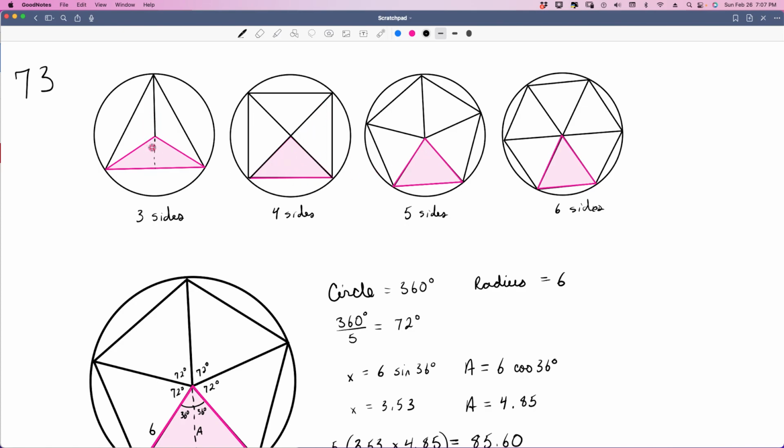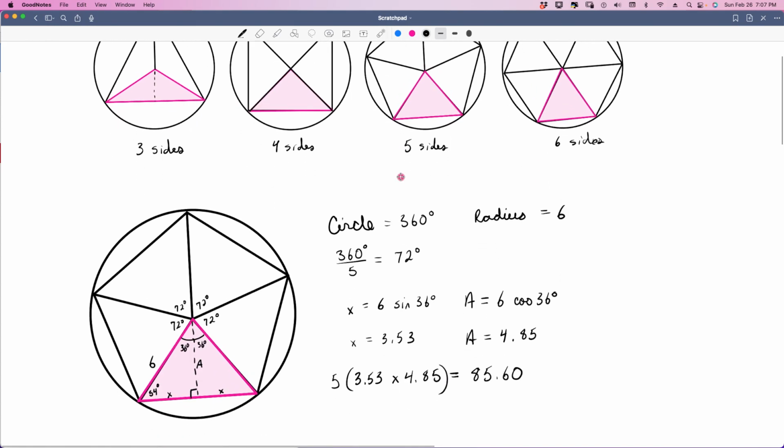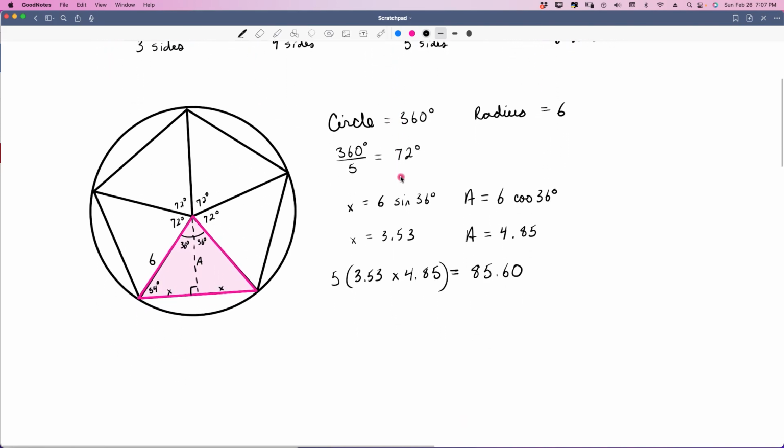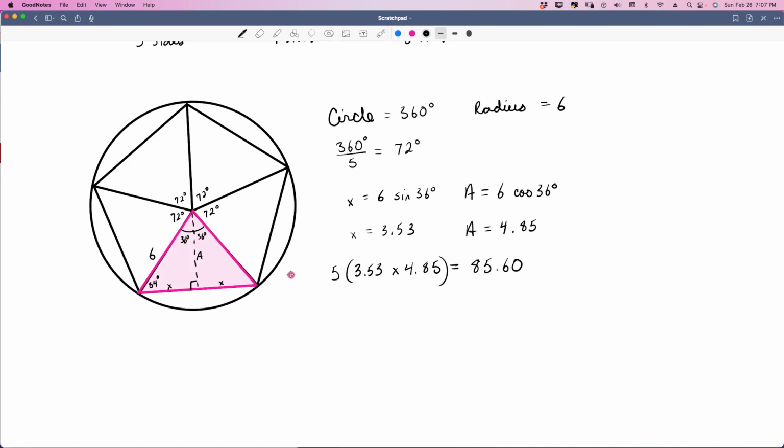With an odd-sided regular polygon, you have to play around with it a little bit, do a little bit of measuring and make sure that that is the center of your shape. So looking at this, this is actually 73.1. We're going to look at a 5-sided shape, a regular pentagon.